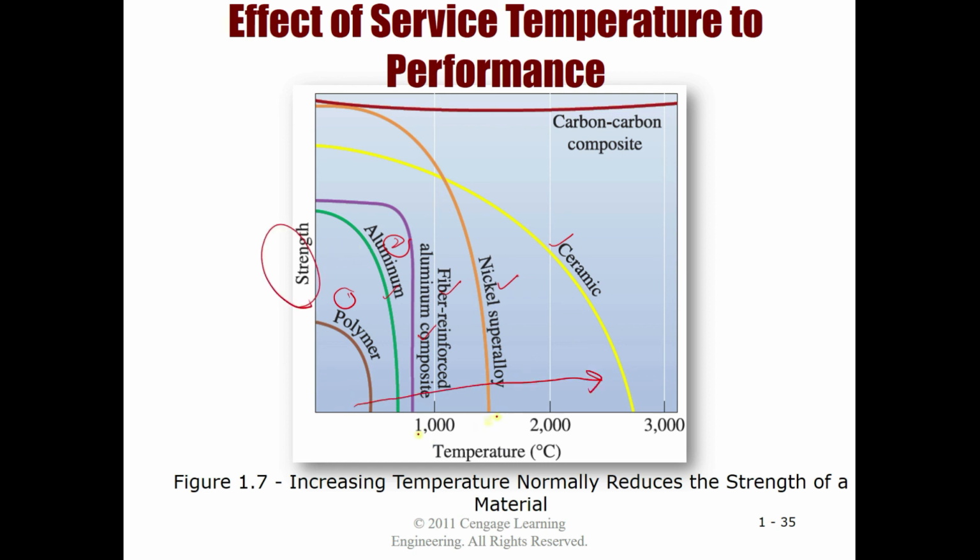So you see, with the increment of service temperature, the material experiences a reduction in strength. However, for the carbon-carbon composite, the strength remains even up to a temperature of 3000 degrees centigrade.